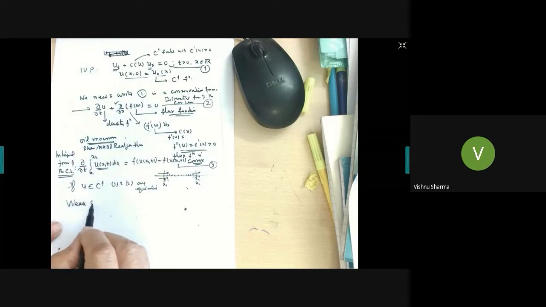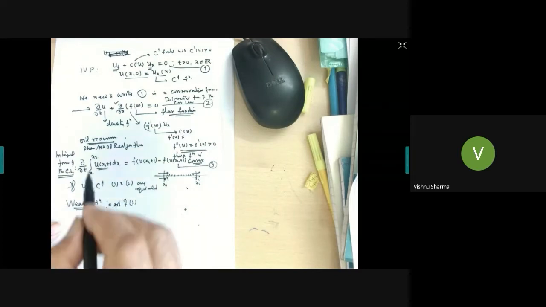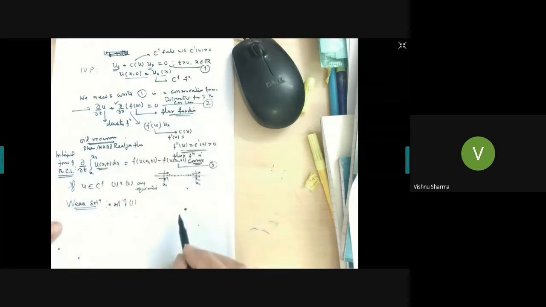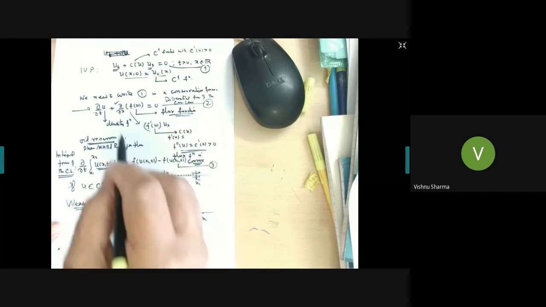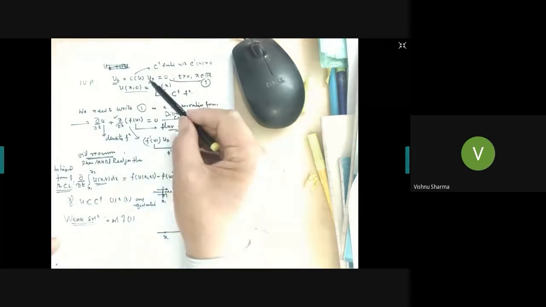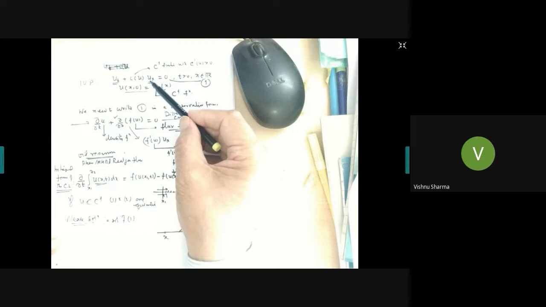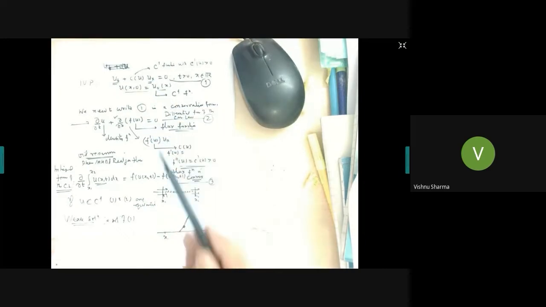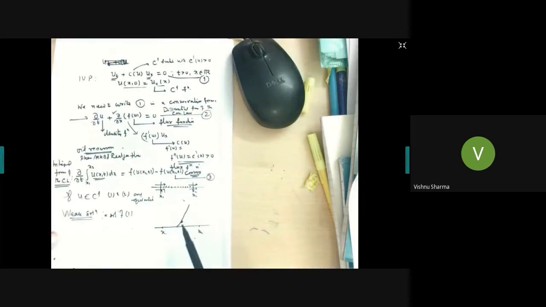The weak solution: now we say that a solution, which is of class C1, here is x1, here is x2, and this is the discontinuity, because we know that this develops a discontinuity after a finite time. Whether we write in this form or in the differential form, it admits a discontinuity after a finite time.